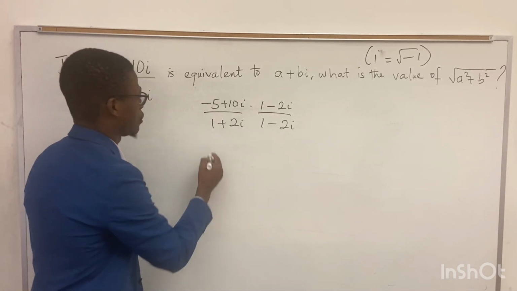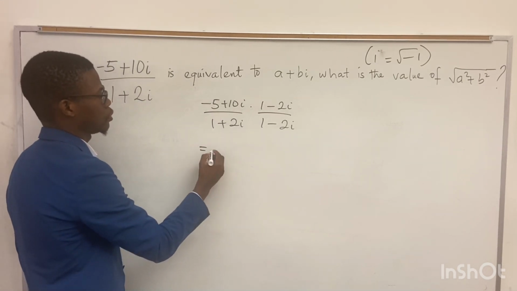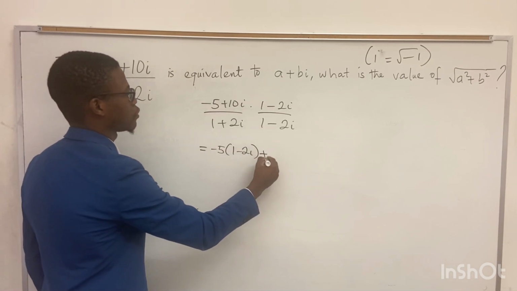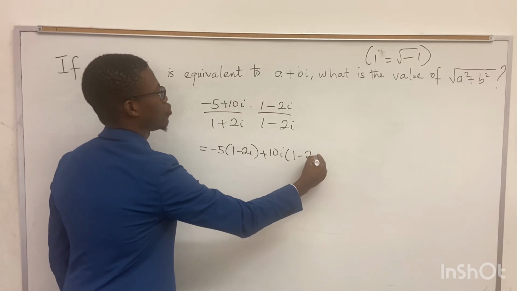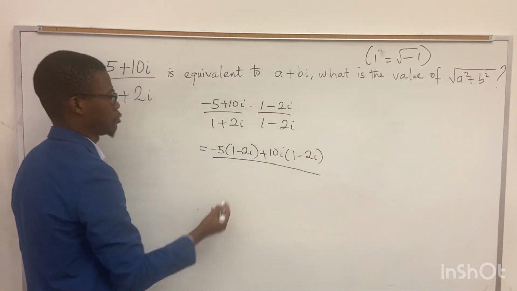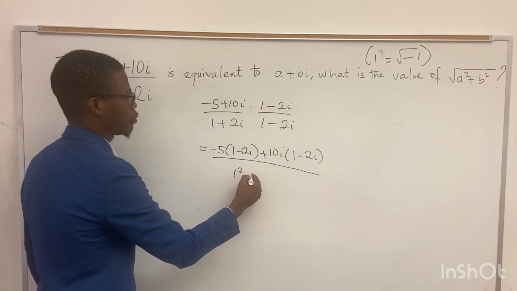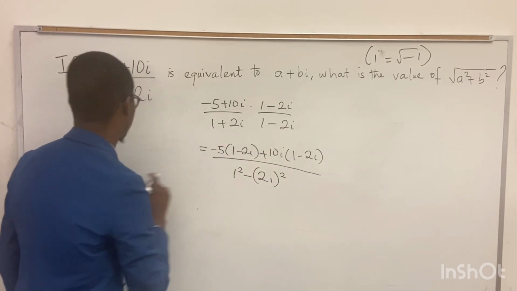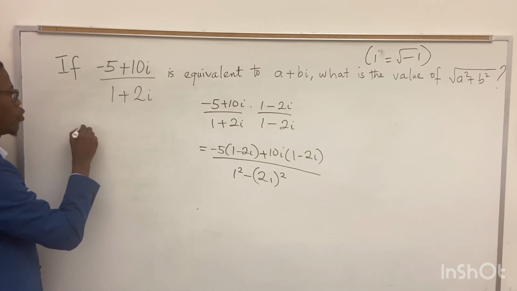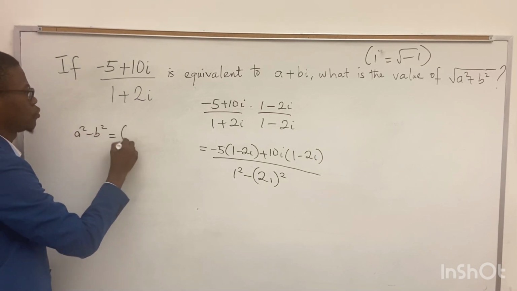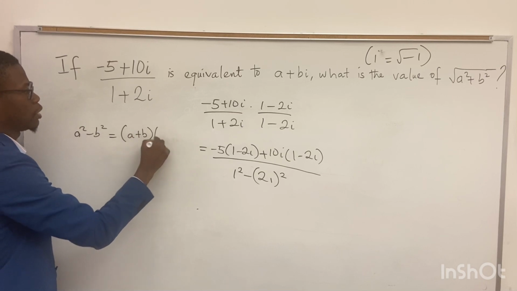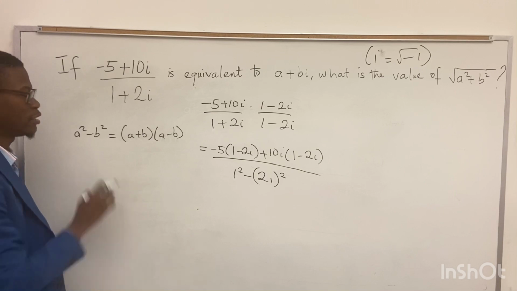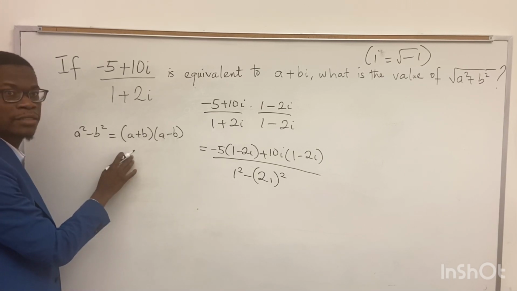All right, now this becomes -5 times (1 plus 2i), I'm just expanding, plus 10i times (1 minus 2i), divided by 1 squared minus (2i) squared. Now this is easy because I used the formula a squared minus b squared equals (a plus b)(a minus b) to solve this quickly. It's the difference of two squares, so you can keep this in mind.